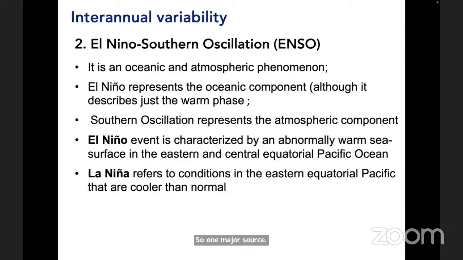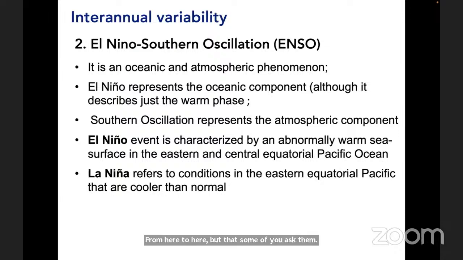There are many types of variability: day-to-day, month-to-month, decadal, or even 100-year, 1,000-year variability. But the one we are concerned about here is the interannual. Interannual means year-to-year variability. Some of you asked about it earlier.